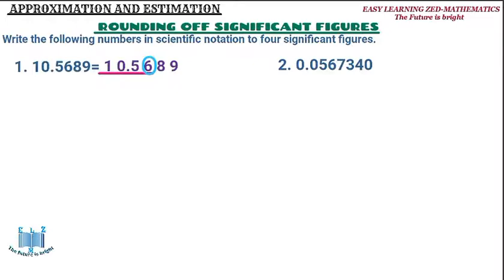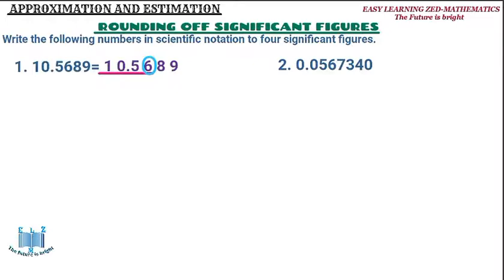If you are confused about what is happening here, you can check the videos in our playlist. We have got videos on rounding off numbers. Check any of the videos, and you're going to learn about the rules. So since we have got 8 on the immediate right side of 6, that means we're going to add 1 to 6.